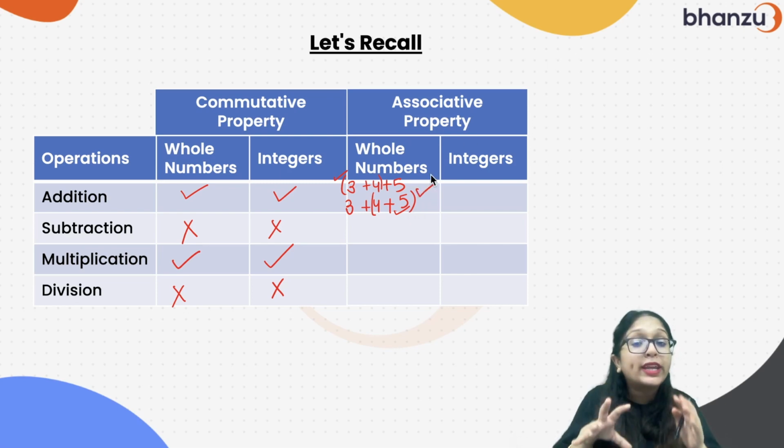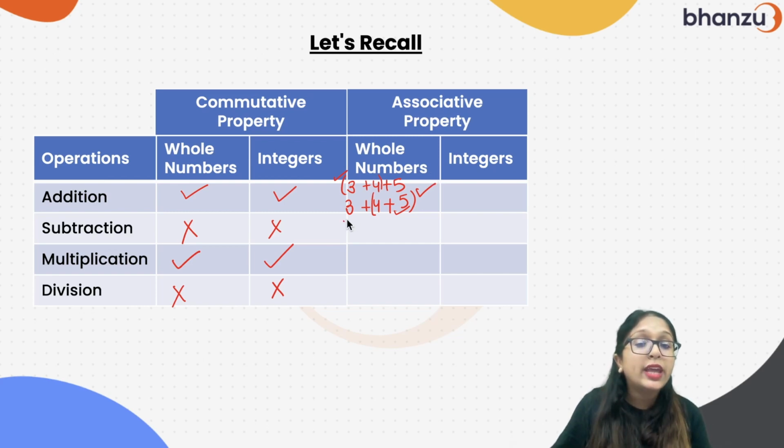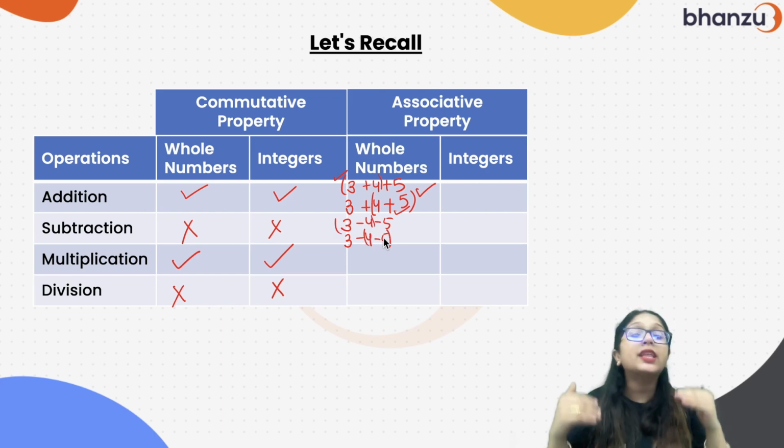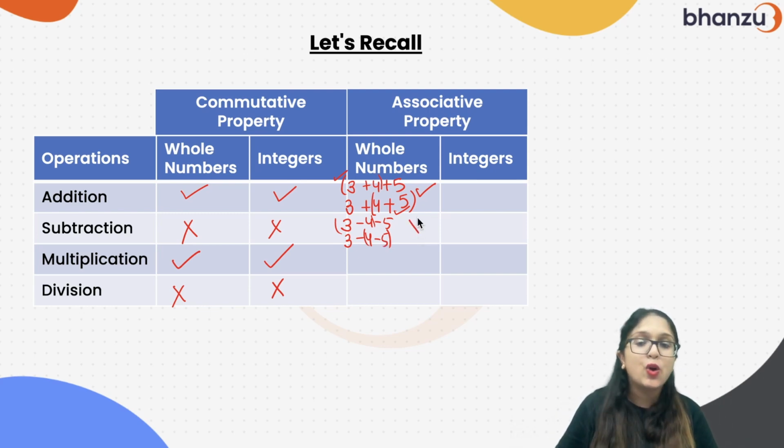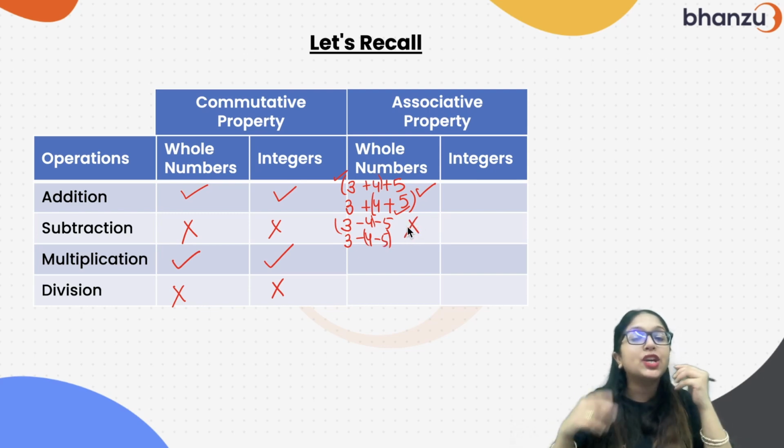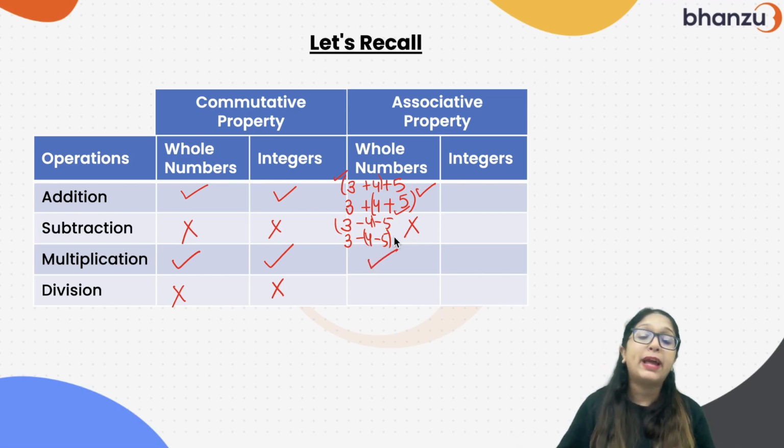But does it hold true in case of subtraction? Do you think so? Let me write the question over here, and again I will do the grouping in 2 different ways. Do you think the answer is going to be same for both of these calculations? No. Now what about multiplication? It is going to be same. You can multiply the numbers in any order, but in division, you cannot divide in any order.